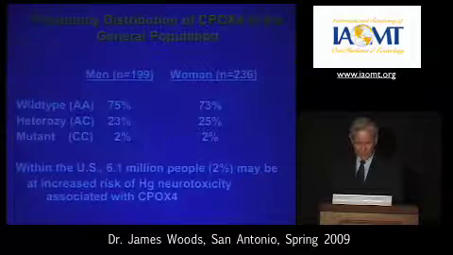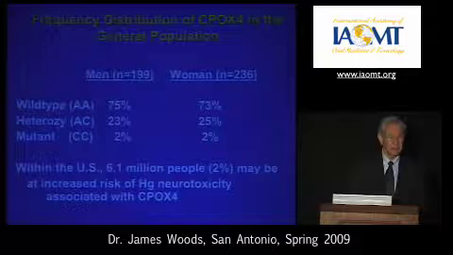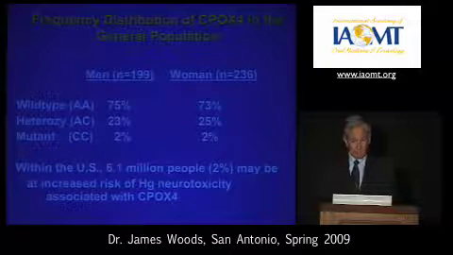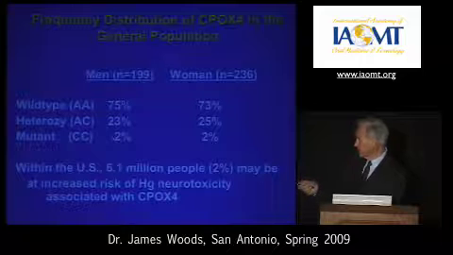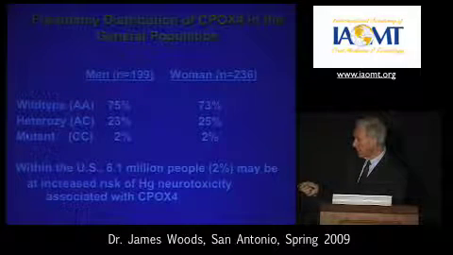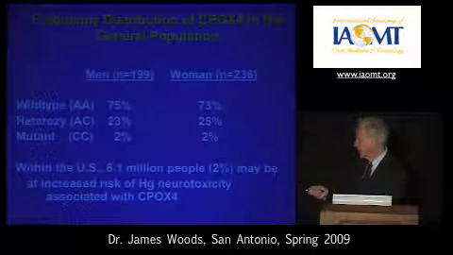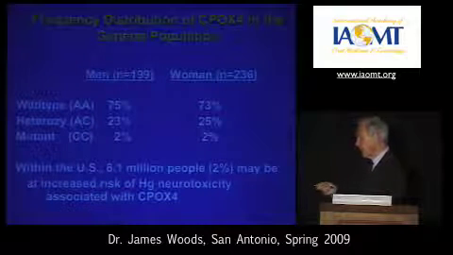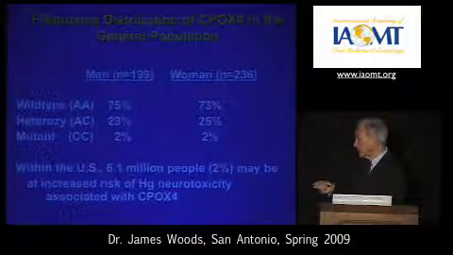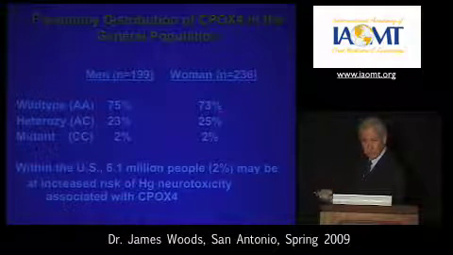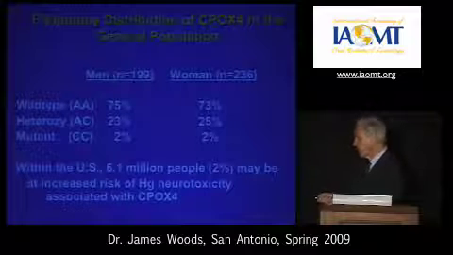In terms of the public health significance, this could be substantial, because here is the frequency distribution of CPOX4. The mutant is fully present in 2% of the population. Another 25% are heterozygous for this polymorphism.